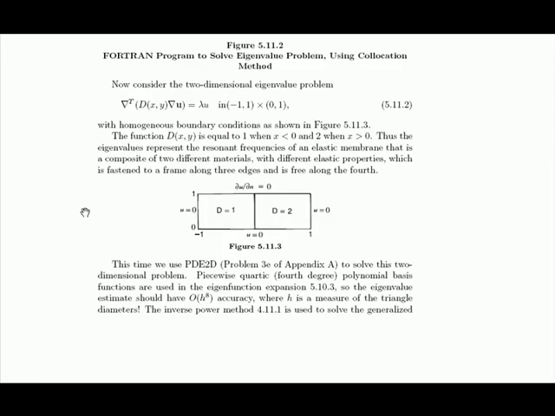So we could have used the piecewise linear elements as in section 5.6. We actually use PD2D, which uses a triangulation of the region but uses fourth degree polynomials. But the fact that d is discontinuous is not a problem for the PD2D Galerkin method.